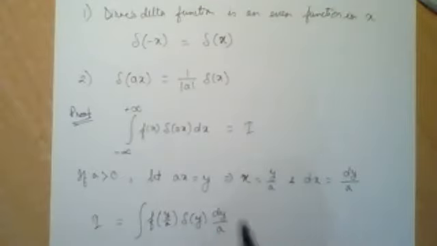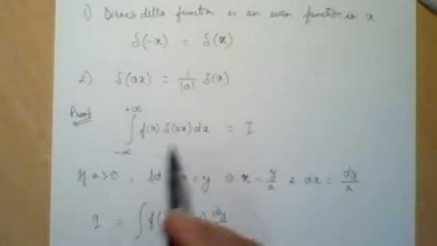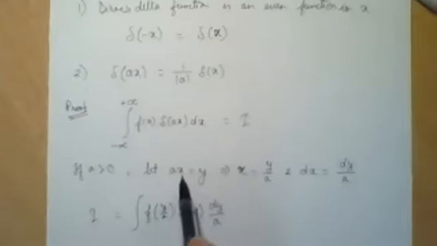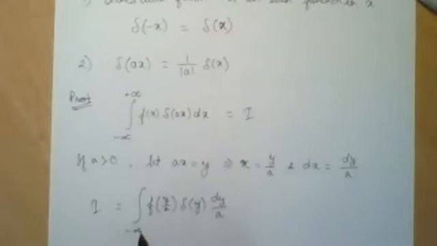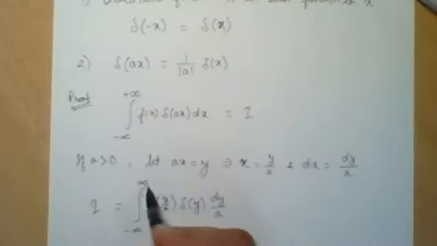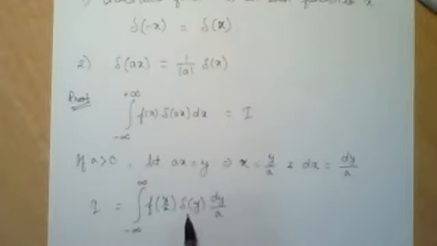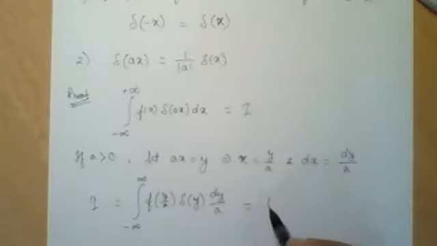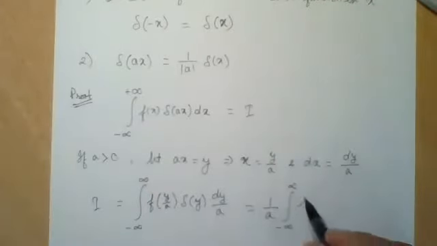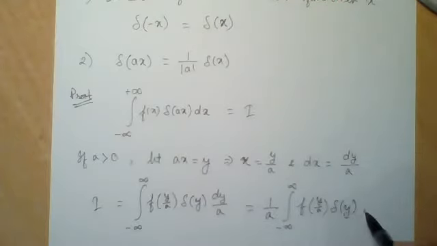For the limits, since a is a positive number, when x is minus infinity, y is also minus infinity, and when x is plus infinity, y is also plus infinity. Since a is a constant, I can take 1 by a outside. This is 1 by a times the integral from minus infinity to plus infinity of f of y by a delta y dy.